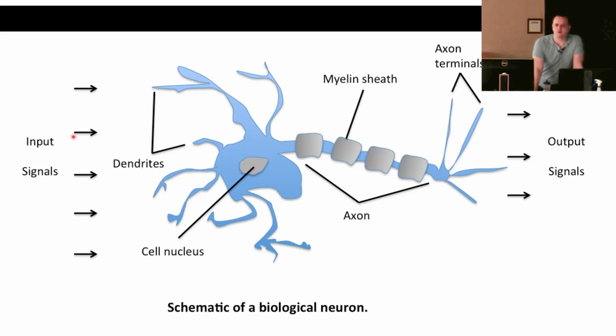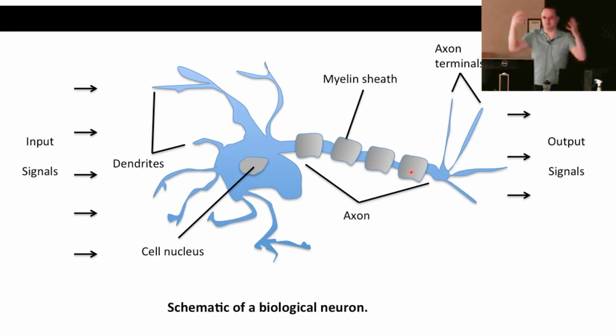There are input electrical signals that go into these dendrites at the beginning of a neuron. And then there's this sheath which has axons in it. Based on these signals, electrical signals fire, and then we get outputs from these signals. And in the brain, the output signals from neurons are connected to the input signals of other neurons.